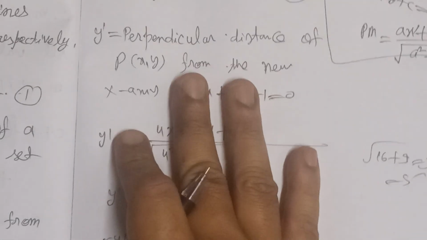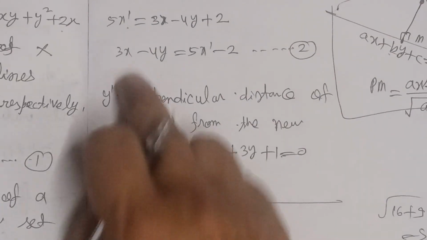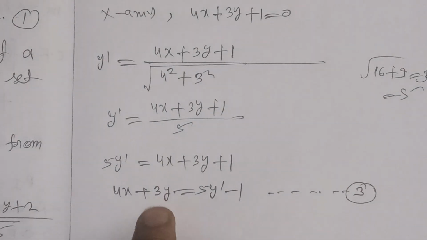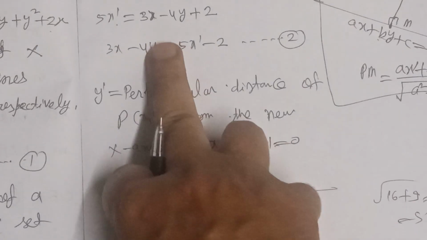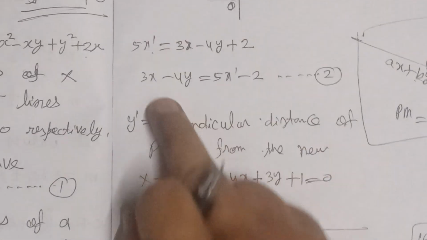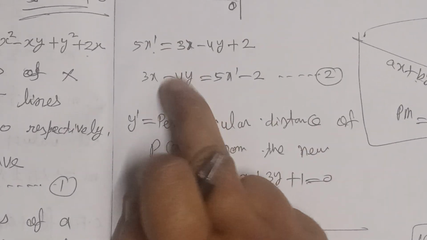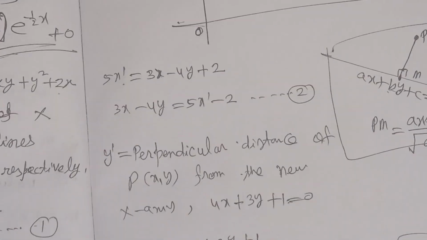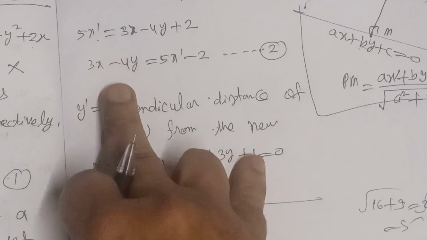So first of all I find the values of x and y. For the value of x, we should eliminate y in these two equations. For this we have to make the coefficients equal in these two equations. The coefficient of y should be equal.